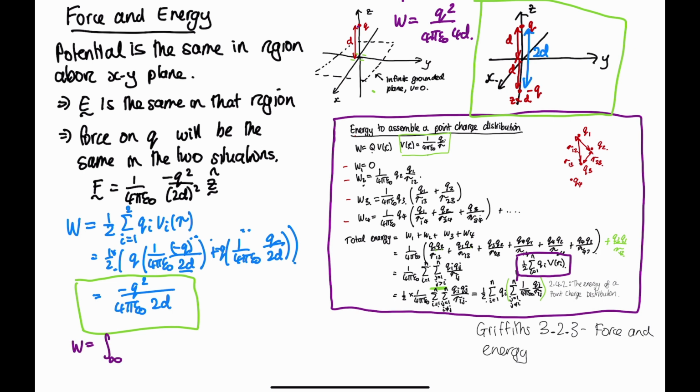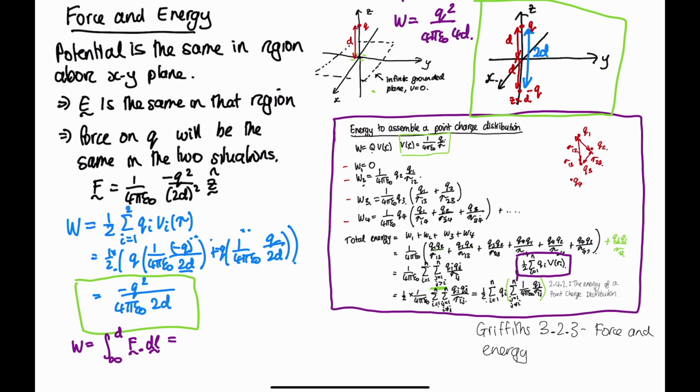We're bringing it from infinity to the point D, and let's bring it along the z-axis, so down like this, because that's easier, of F dot dl. And so this is equal to F. We've worked out F here, and this is in the z direction. So dl, we're just taking dz in this case.